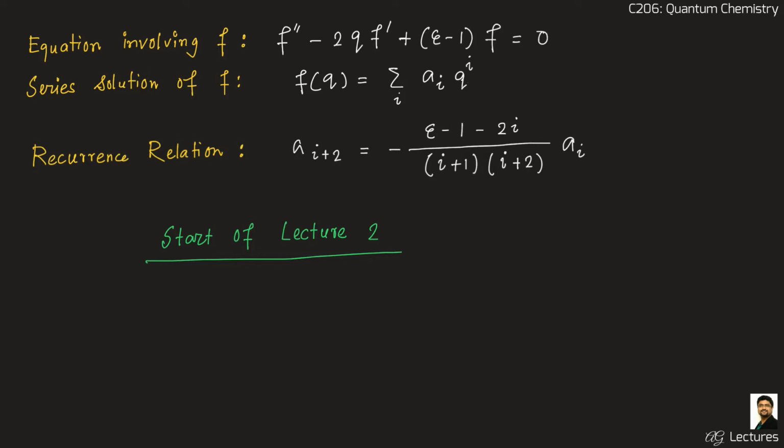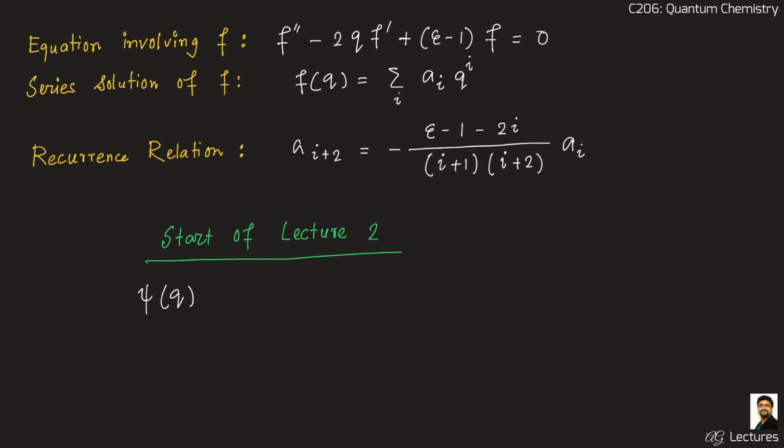Because ultimately, when this f along with the asymptotic part will constitute the total solution, the psi of x or psi of q, this psi of q should, in principle, never go to infinity as q goes to plus or minus infinity, because that is the whole purpose.